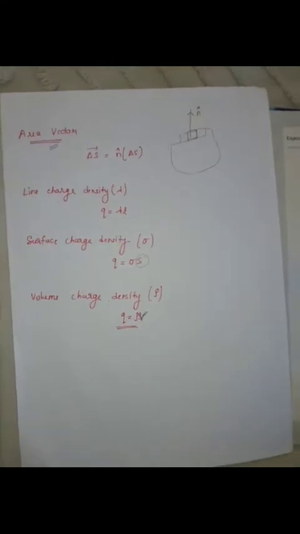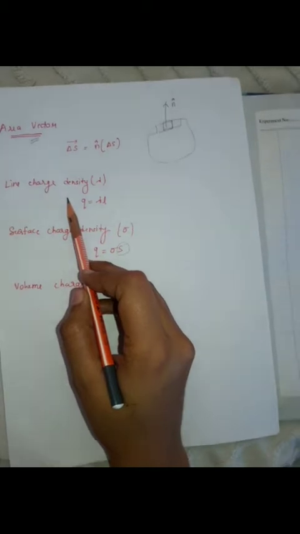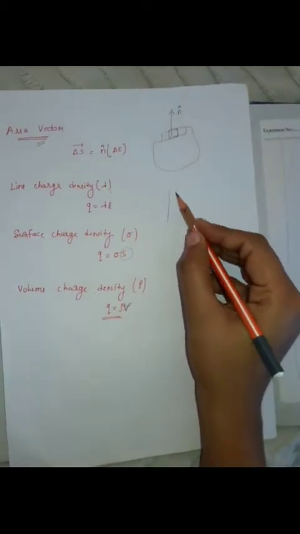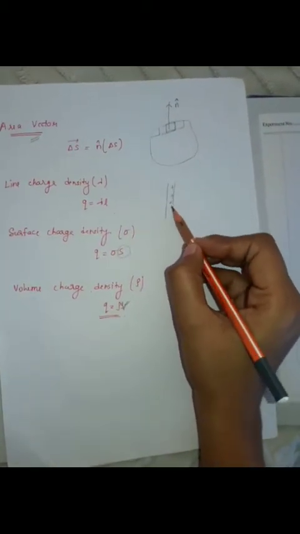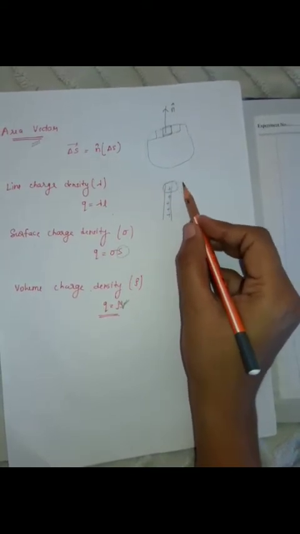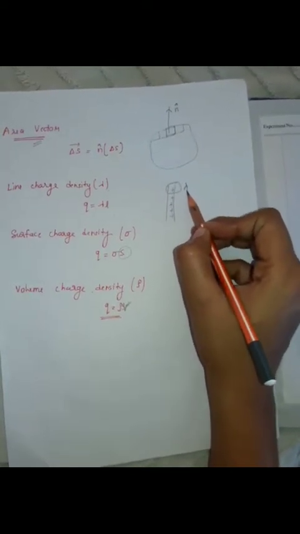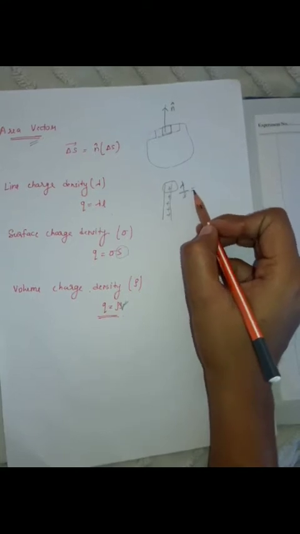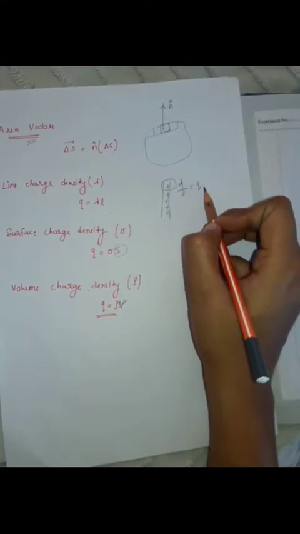Now here we have line charge density. It means if you have a line charge and you need to calculate the density at that point, we will denote it by lambda, per unit length, which will be equal to charge.